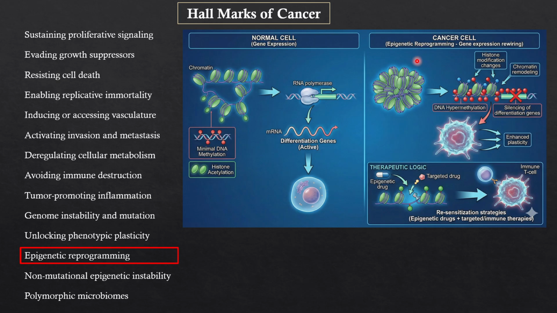However, in the cancer cells, the epigenetic reprogramming and the gene expression is rewired, where the histone modification and chromatin remodeling can silence the differentiation genes, and as a result there will be DNA hypermethylation with enhanced plasticity.